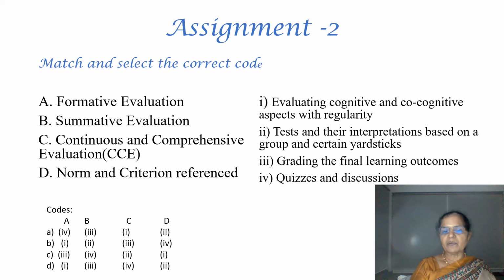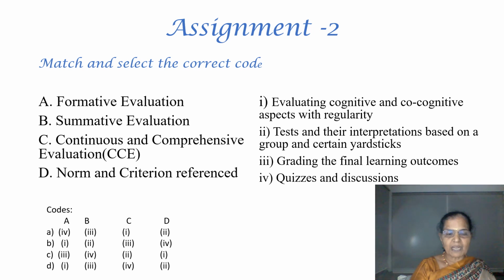So in formative evaluation, the final word should not be there, so it is not the correct option. And I look at the fourth one, quizzes and discussion. Yes, it is for formative evaluation. What is formative evaluation? The everyday discussion and the quizzes. So the statement A will go with the fourth statement. So A with 4.